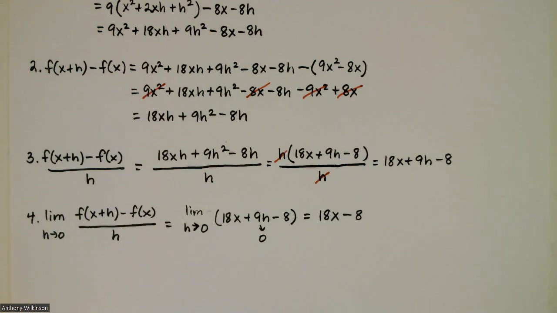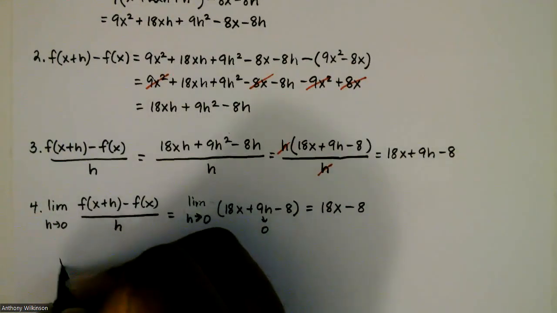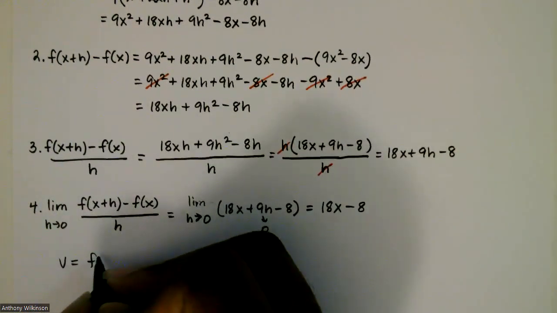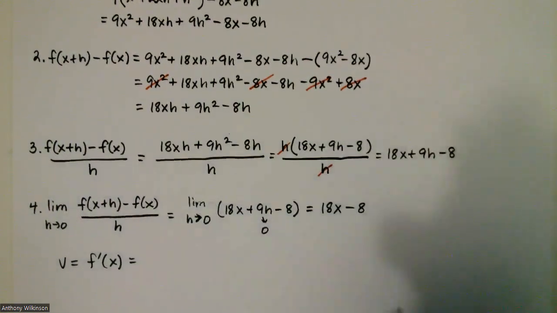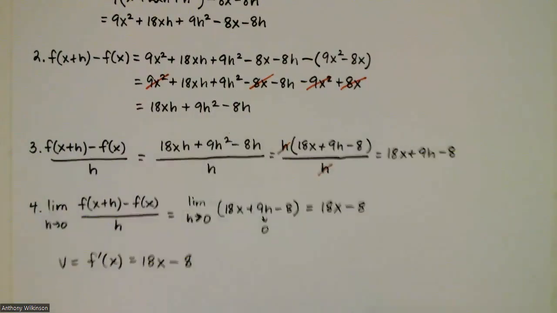Okay. So this is what f prime of x will be, or the velocity, which is f prime of x. So your velocity is just going to be 18x minus 8. That's your velocity function. All right, and then they want the velocity at times x equals 1, x equals 3, and x equals 5.